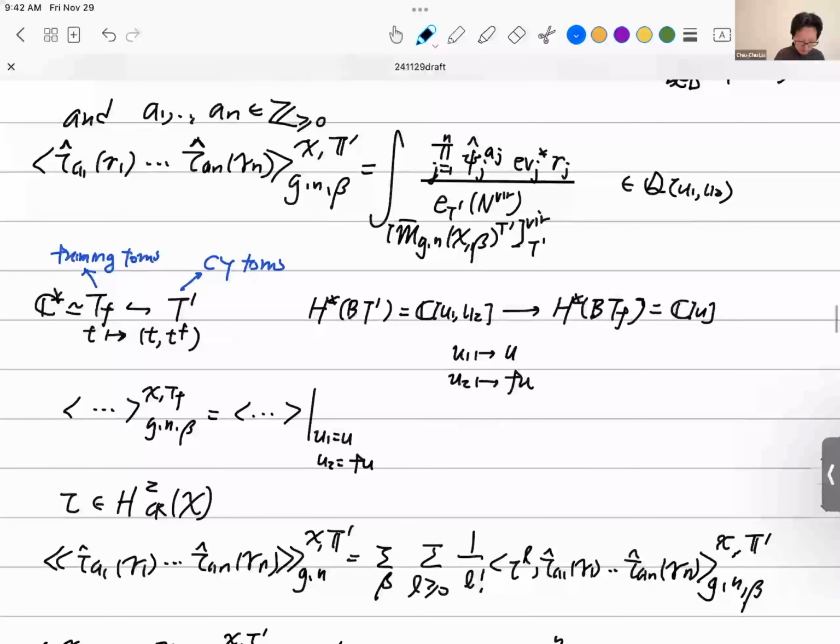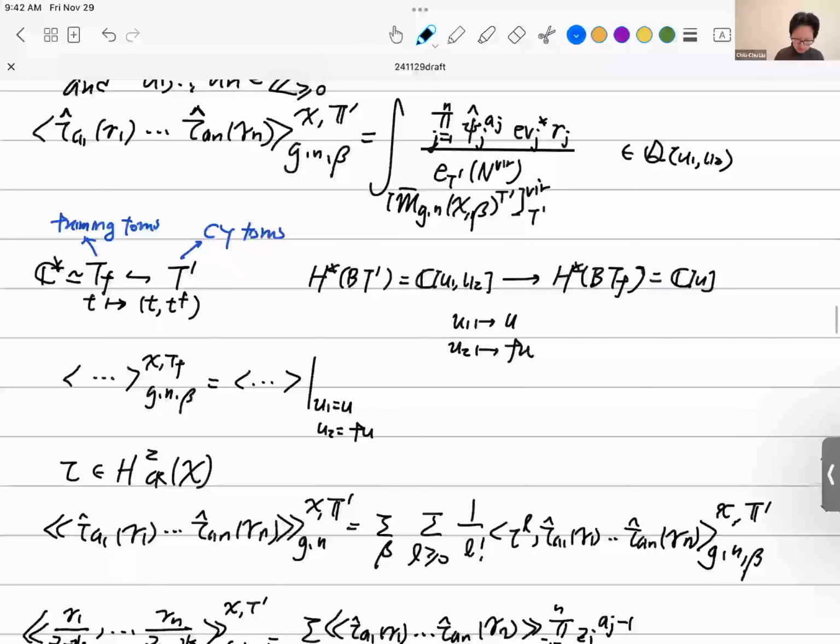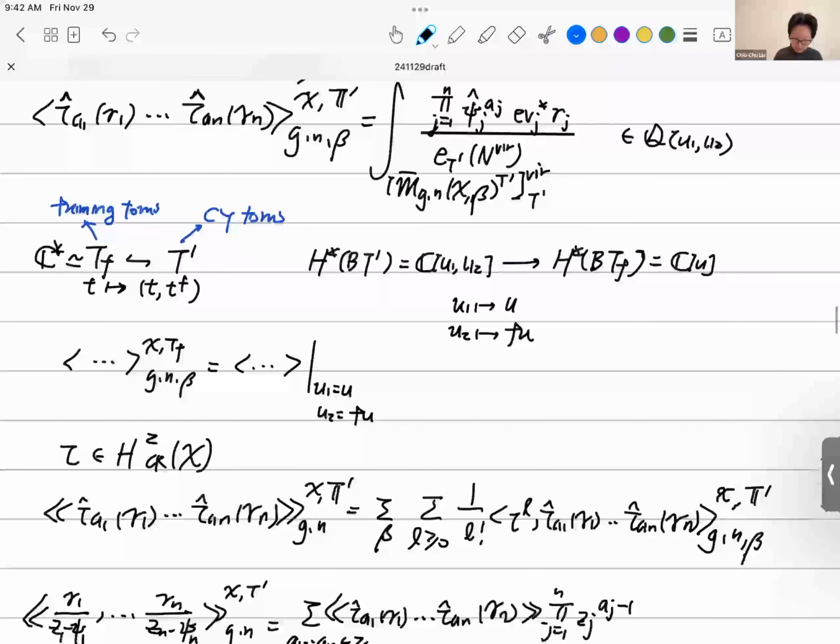For the double correlator, in addition to this insertion, we insert any number of tau. This will make the correlator depend on tau. It will depend on p variables if we choose some coordinates.